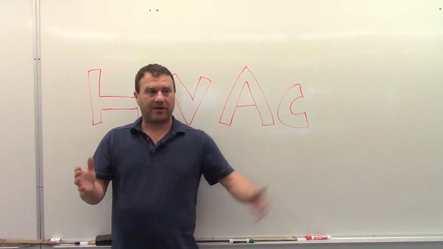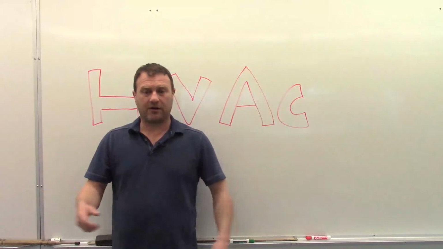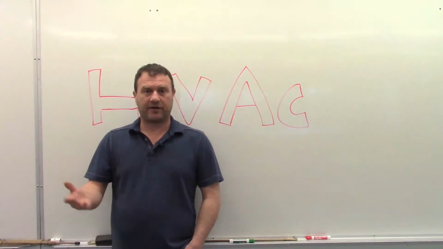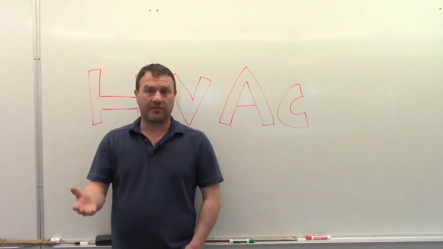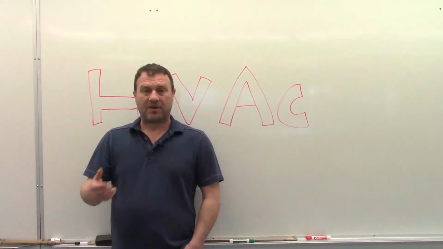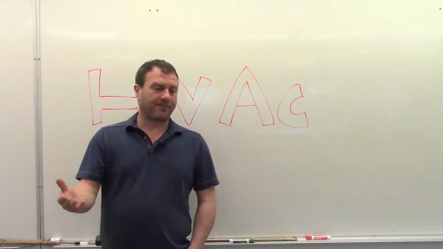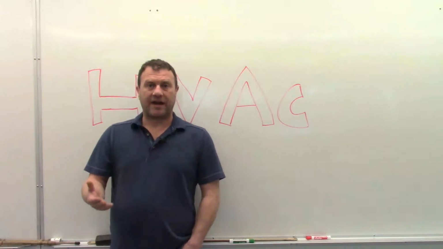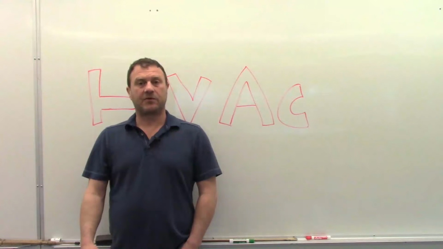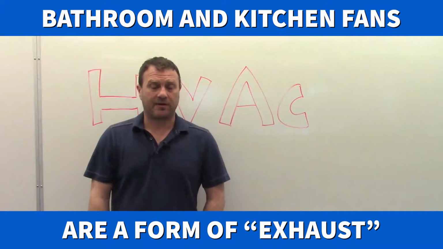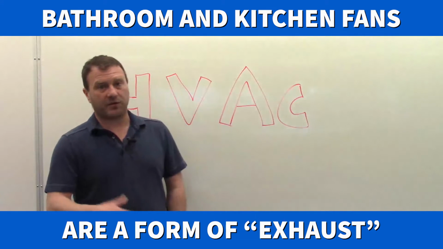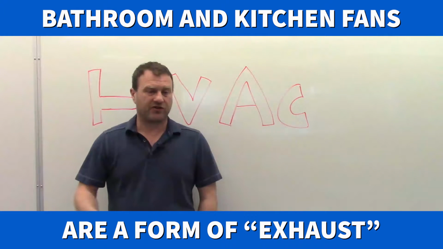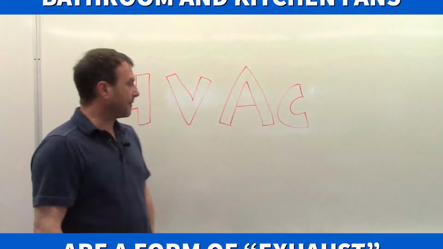So if you have enough people in a room and it's totally enclosed, no fresh air coming in, eventually all the oxygen will be depleted and you'll have nothing but carbon dioxide, which then becomes toxic or poisonous because there's no oxygen left. So we need to bring fresh air in. We also need to expel or get rid of contaminated air. So be it more of an exhaust type system, which would be a form of ventilation, is just the introduction or refreshing of the air in the system.